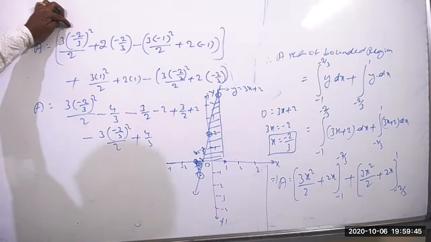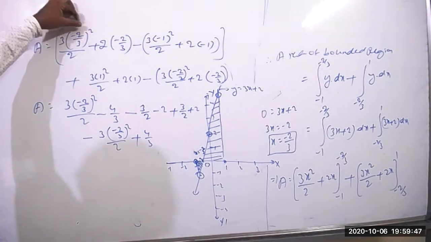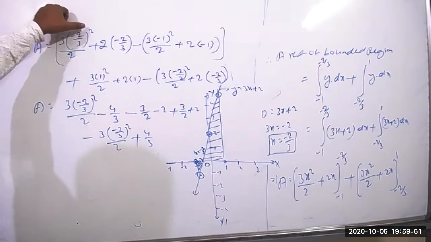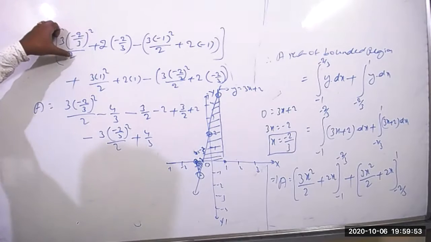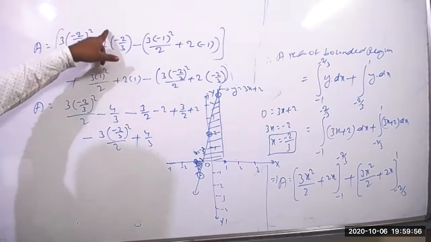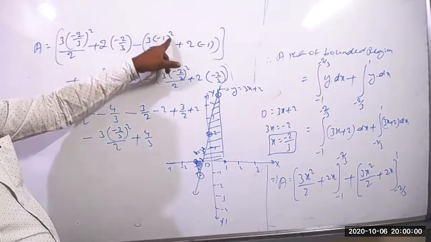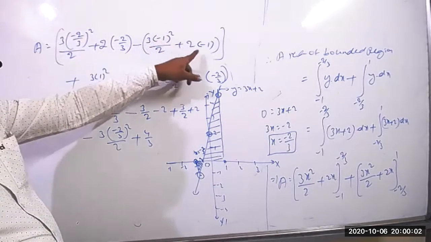Minus 1 to minus 2 by 3: 3 into minus 2 by 3 whole square by 2 plus 2 into minus 2 by 3, minus of 3 into minus 1 whole square by 2 plus 2 into minus 1.